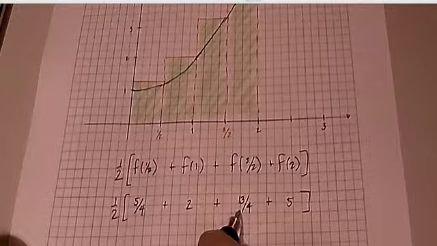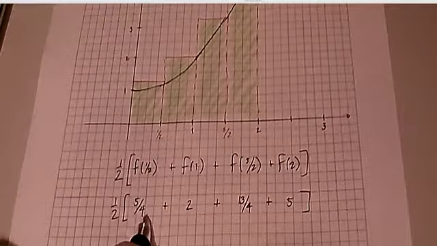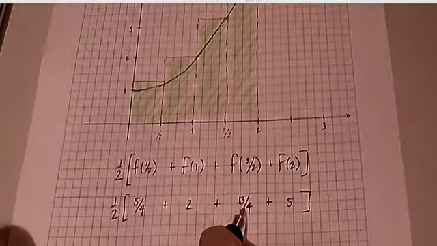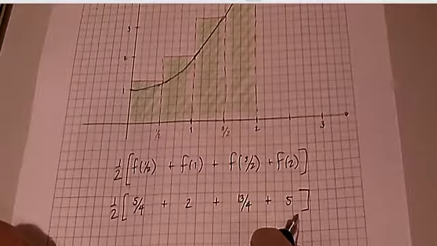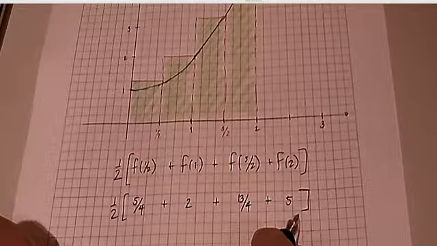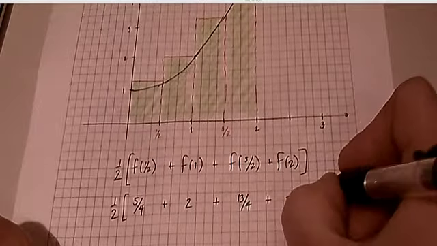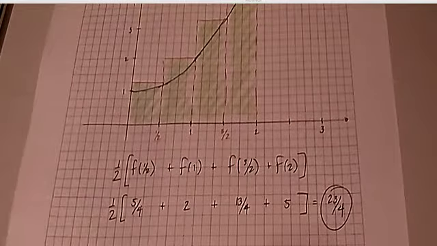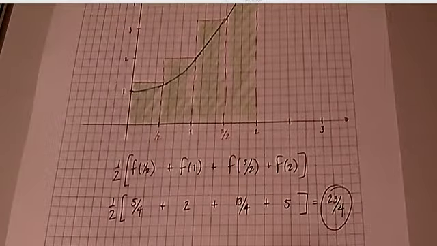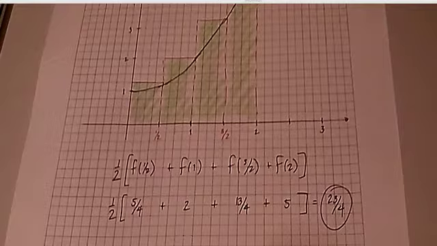Now we remember that these two added together, the 5/4 and the 13/4, is 18/4 or 9/2. 9/2 and 7 is 9/2 plus 14/2, so that's 23/2. So that's 23/4. Now remember that the left-hand Riemann sum was 15/4.